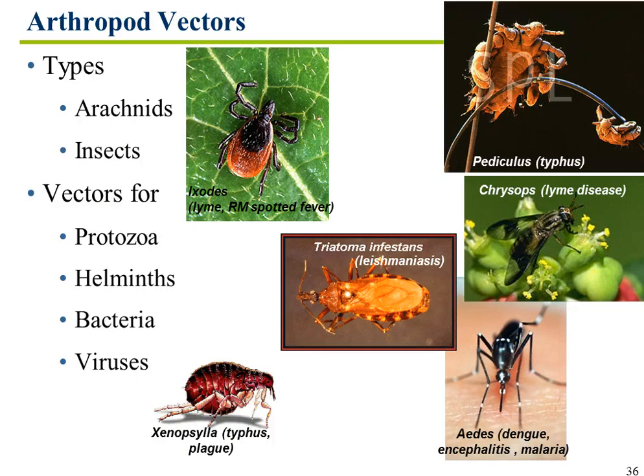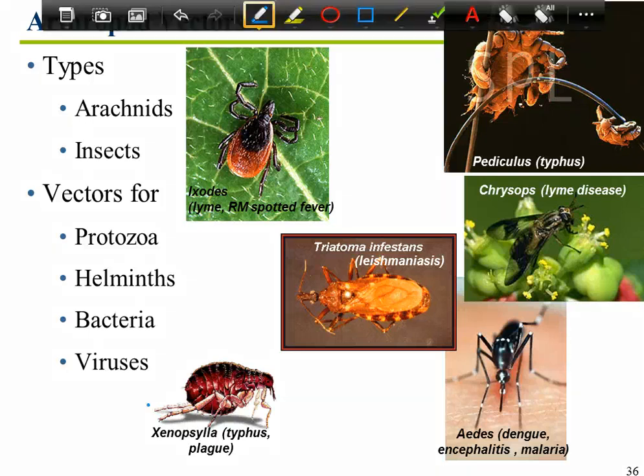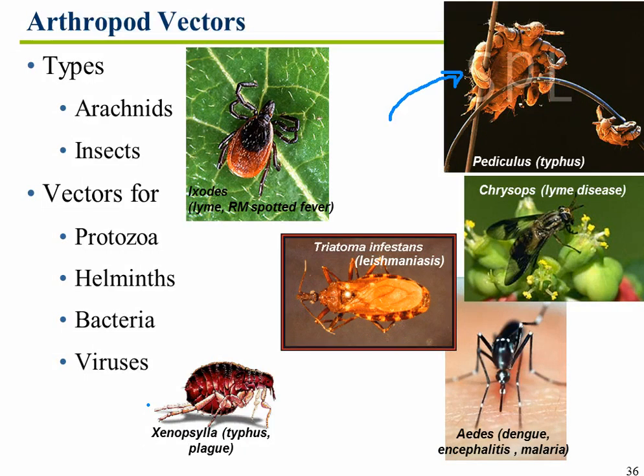We talked about arthropods in lab, so I'm not going to spend any time on them. You know about the arachnids and insects: 8 legs versus 6 legs, wings in insects, no wings in the arachnids. Body form is different. So, beautiful little picture of a body louse right there. I think you can see his 8 legs. And here's a tick, another arachnid.